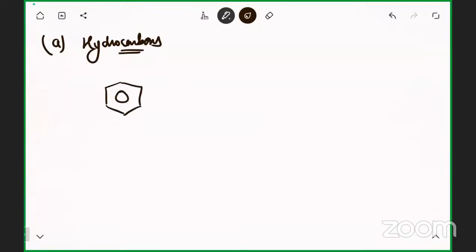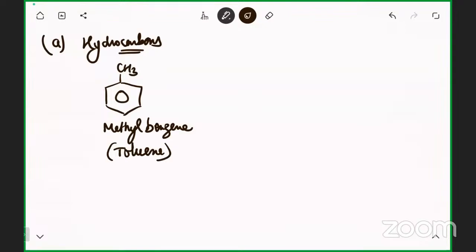Now let's start with the nomenclature of different functional groups of aromatic compounds. First I'm taking the category of hydrocarbons. Whatever I'm doing, just note it down. This one is benzene. If I add CH3, it is known as methyl benzene, or the name is toluene.